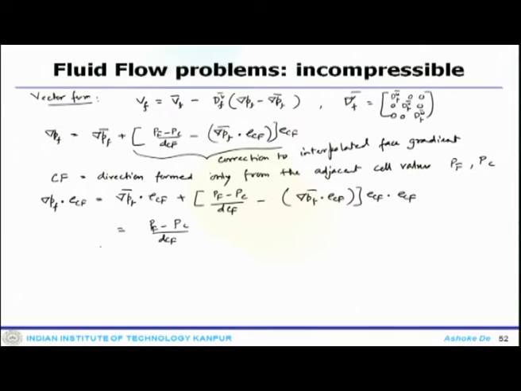So, here you can avoid the checkerboard problem.